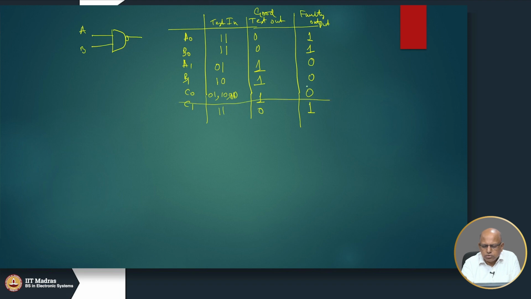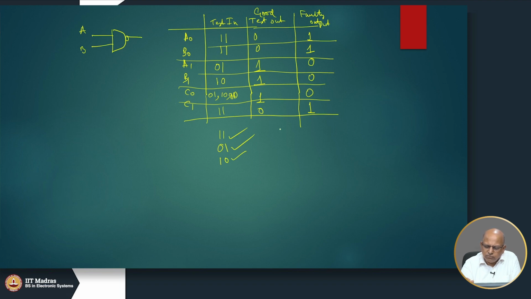So, this is a table that shows all the test vectors. So, we will need 1 1, that is a required test. 0 1 is required, 1 0 is required. 0 0 may not be required. If I apply 0 1 or 1 0, that is good enough. So, we need 3 vectors to test a 2 input NAND gate.